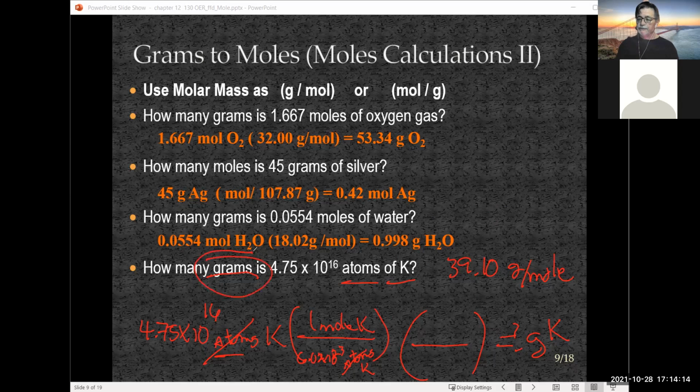We're looking for grams. And so I need one more step. That means grams in the numerator and moles in the denominator. And that is essentially just the atomic mass. And our moles cancel to give us the units grams. So I set it up properly. Notice again here, I cannot go directly from atoms to grams.